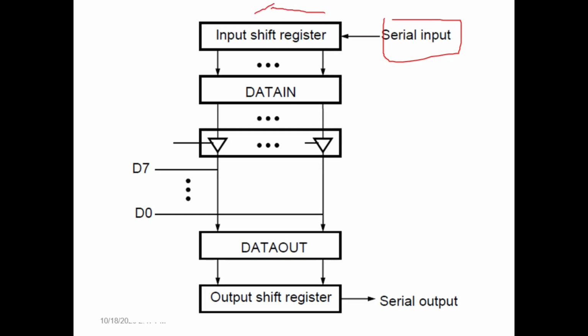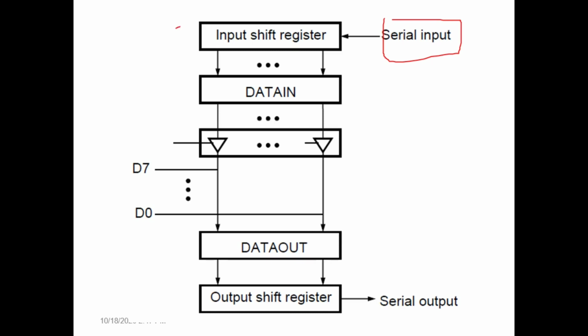When you shift every bit towards the left, a new vacant place is created here, and the newly received bit is placed in it. So this is how the input shift register works. Every time a bit is received from the input device, the shift register shifts all the current bits towards the left, and in this fashion it collects 8 bits.